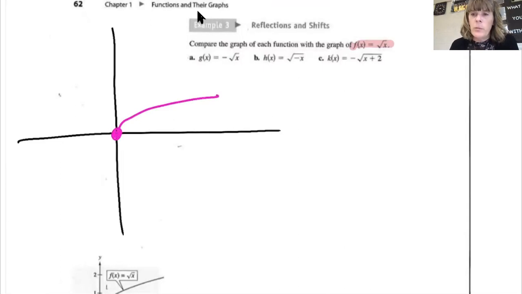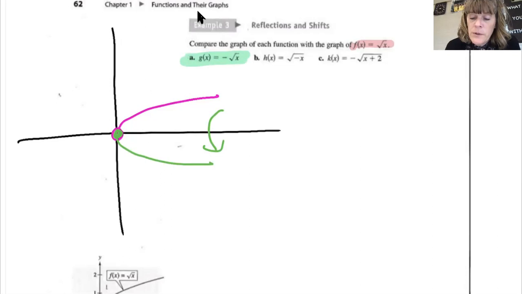It's like half a parabola going to the right, and its vertex is at 0, 0. We have this one right here that has a negative out front of that square root. So that is going to be a flip over the x-axis. So everything is the same, only we flip it across this so that my graph looks like that.